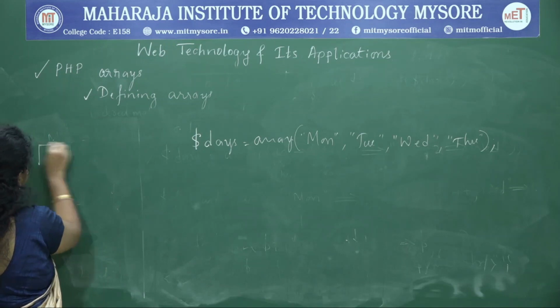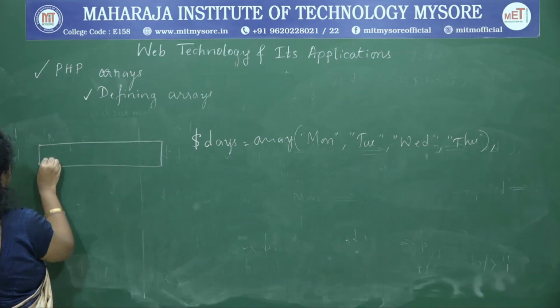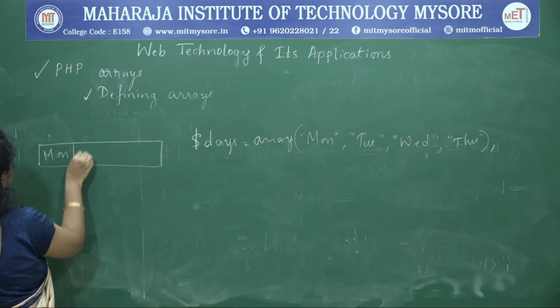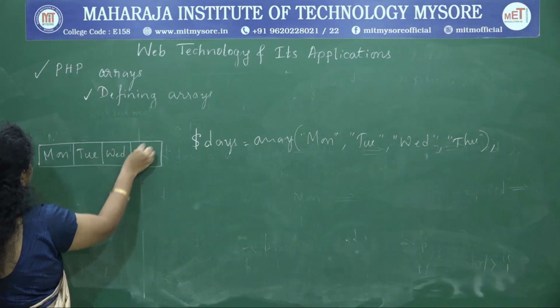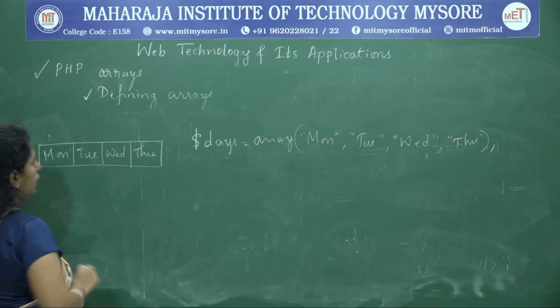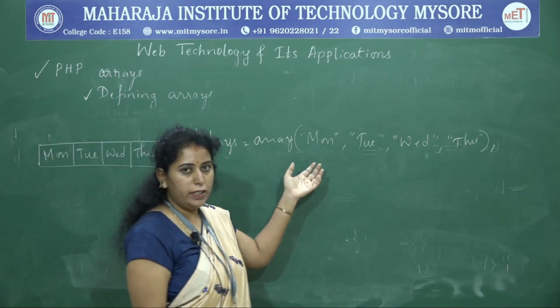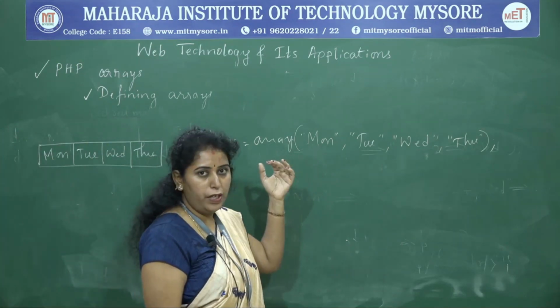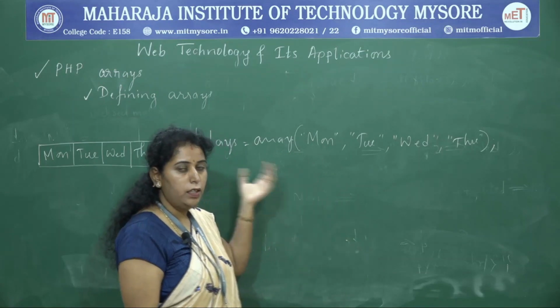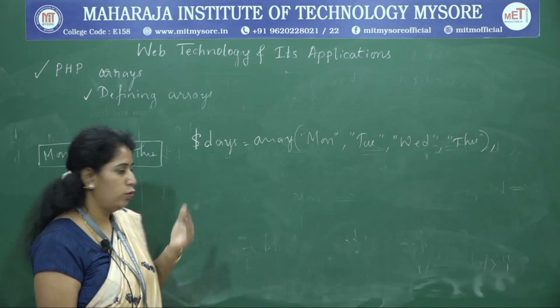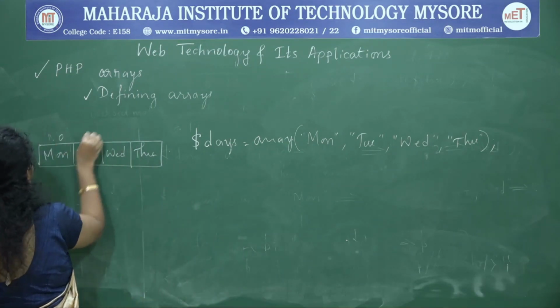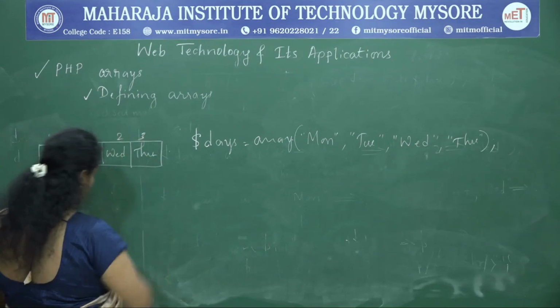I will write here Monday, Tuesday, Wednesday and Thursday. Since while defining an array I have not specified keys explicitly, what happens? By default the keys will be 0, 1, 2, 3. So 0, 1, 2, 3.